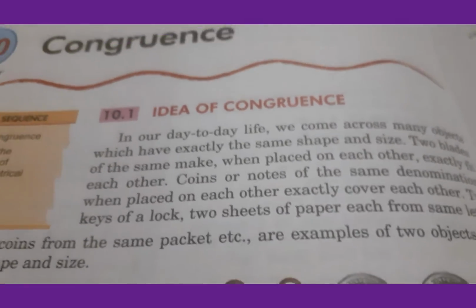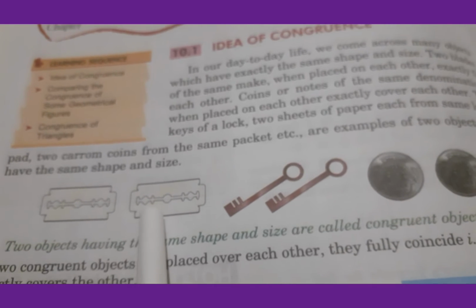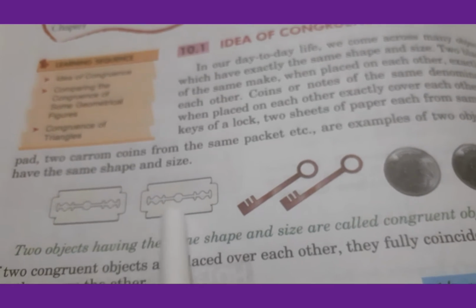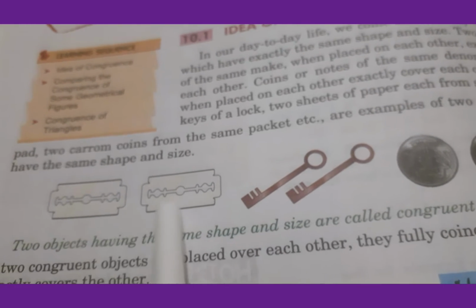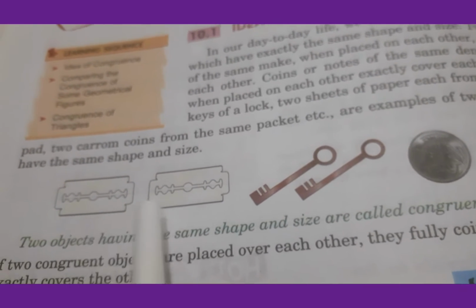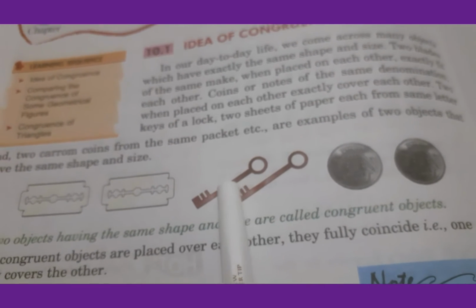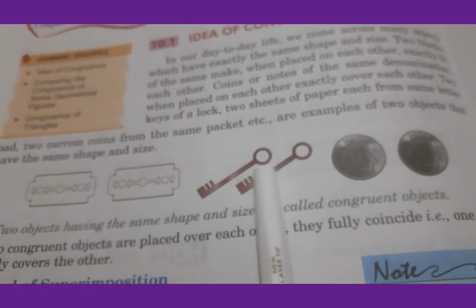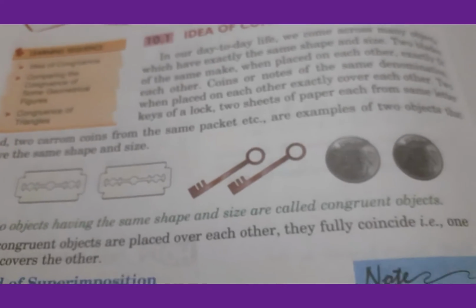The two blades, you can see here, are identical to each other in shape as well as in size. So we can say these two blades are congruent to each other. Again, these two keys are similar to each other in shape and size, so we can say they are congruent to each other.